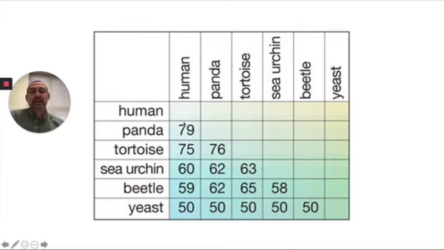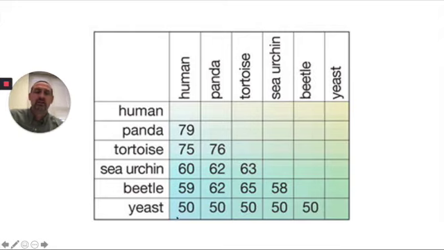And that story is that sea urchins are just as different from humans as they are from pandas. We would expect sea urchins to be more closely related to pandas than to humans, but we find it's about the same, 60, 62, 63. And when we get down to yeast, we find that those differences are equal between all things.